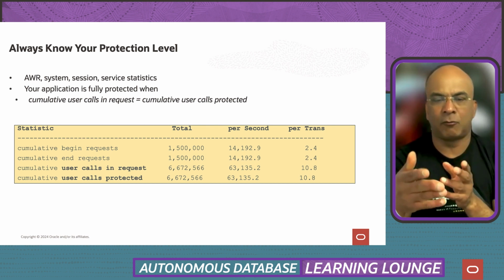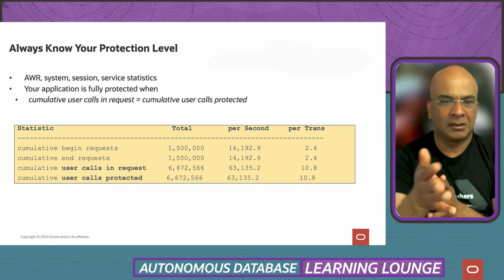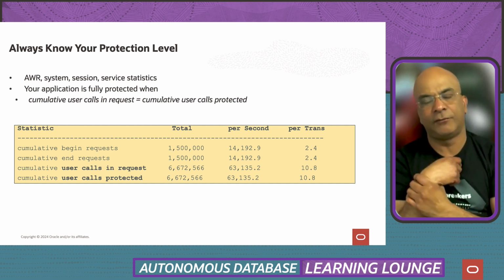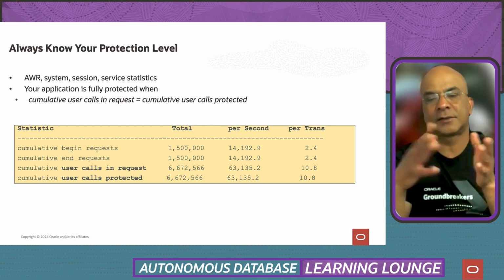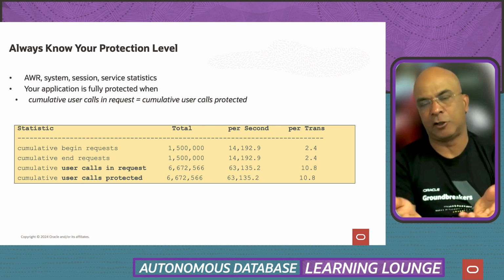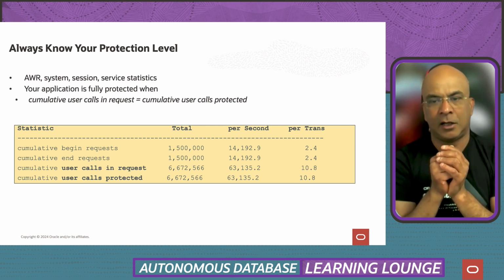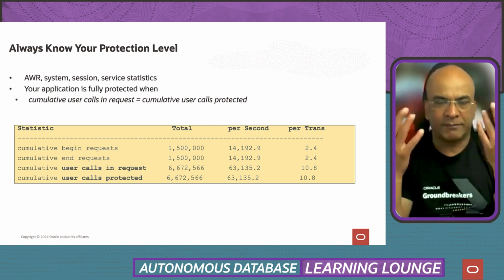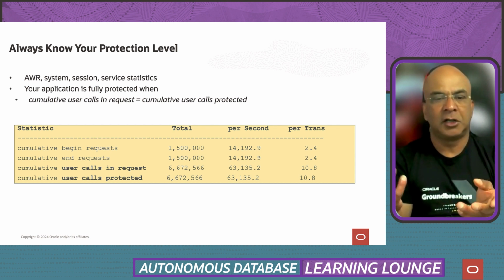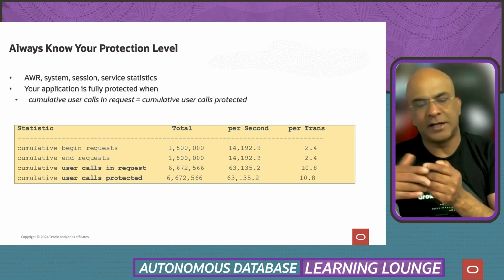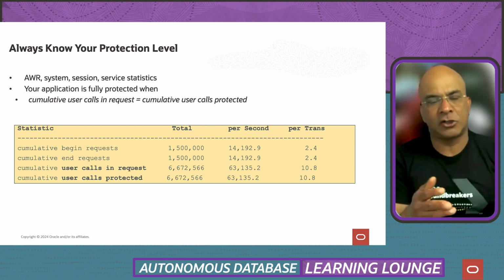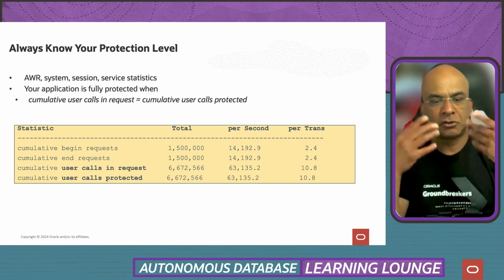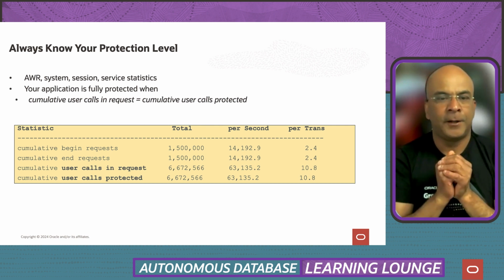For my simple Swingbench, it says it's similar. For your case, it may be a certain number. It could be half of it. It could be 70% or whatever. The good thing is, say I have 70% protection. How do you get to that remaining 30%? You go back to that questionnaire and figure out what to do so that you can get higher and higher.